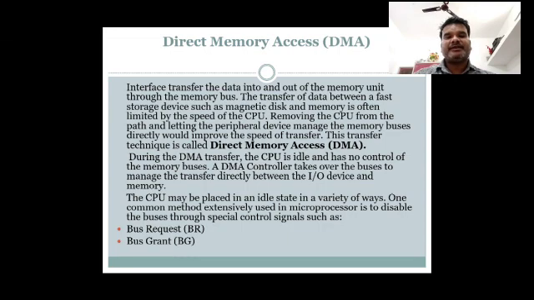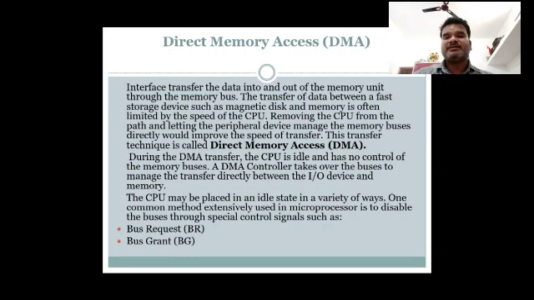During the DMA transfer, the CPU is idle and has no control of the memory buses. A DMA controller takes over the buses to manage the transfer directly between the input-output device and memory. The CPU may be placed in an idle state in a variety of ways.